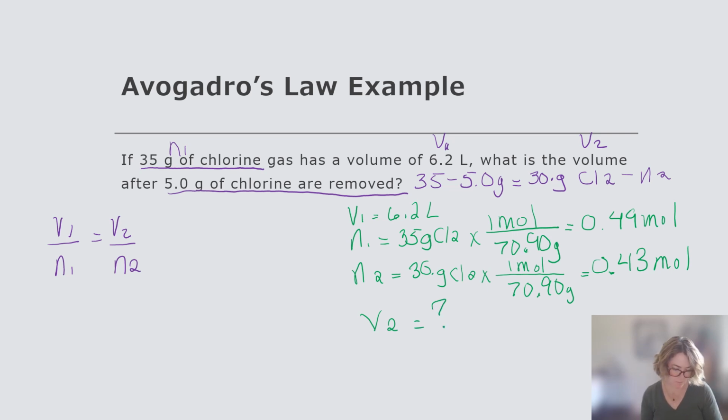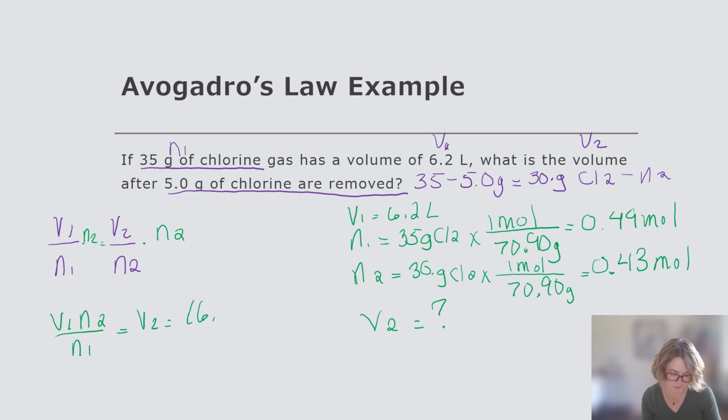Just like we've done with all of the other ones, I'm going to rearrange my equation to solve for V2. So I'm going to multiply both sides by N2, and I get V1 times N2 over N1 is equal to V2. So I'm just going to go ahead and plug all my numbers in.